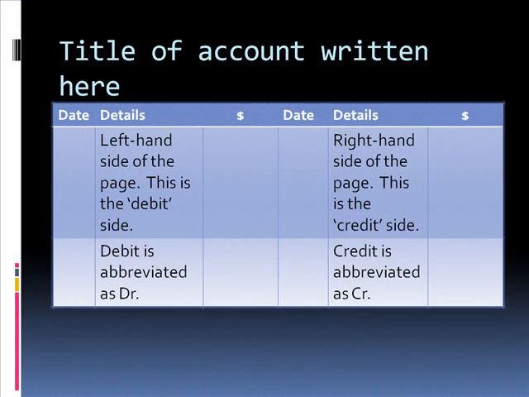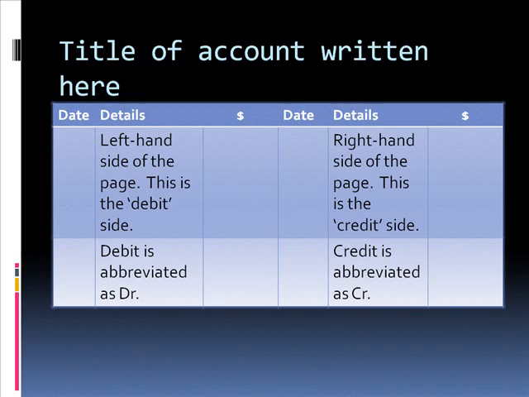Alright, here's a sample of how an account is written up. At the top of the account, the title of the account is written, as you can see on the screen here. Then you see you have two sides. The left hand side of the page is called the debit side, and debit is abbreviated as DR, as you will see in the upcoming video clips.